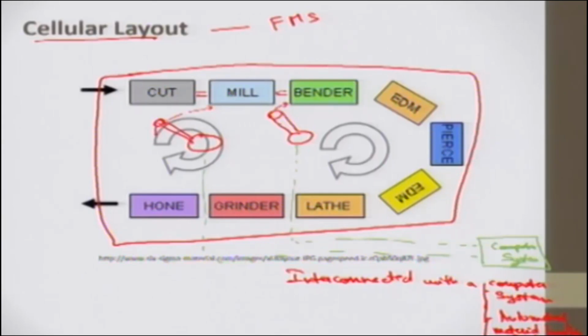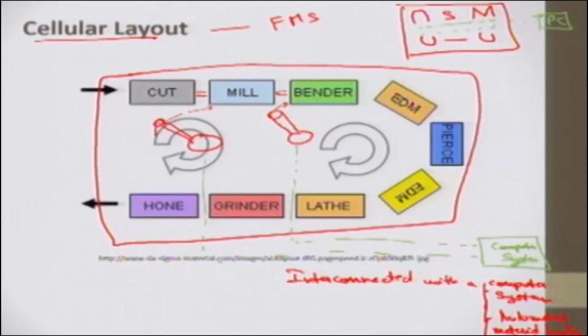So what would we have here in a typical flexible manufacturing system? This is one cell. We would have a number of cells here, U, S, W, U, straight, whatever is the requirement. If I put U and W here, it would probably go in this direction. So these are different cells, and there is a material handling system here between these, which is controlled by a computer.